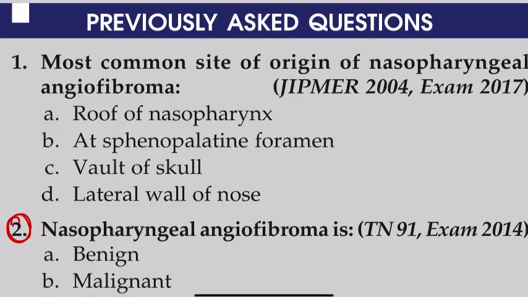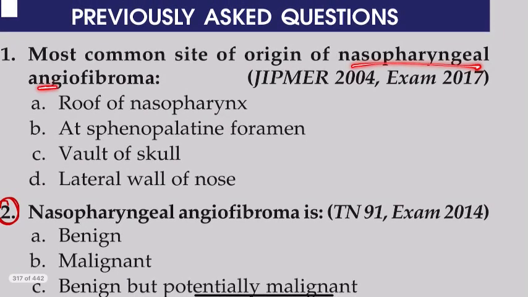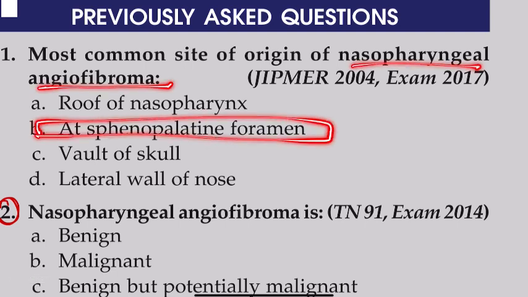The portion from which we are going to solve MCQs is angiofibroma, right? What is the other name for angiofibroma? It is nasopharyngeal fibroma, juvenile nasopharyngeal angiofibroma. Now, the most common site of origin of nasopharyngeal angiofibroma, what is it? That is the sphenopalatine foramen.